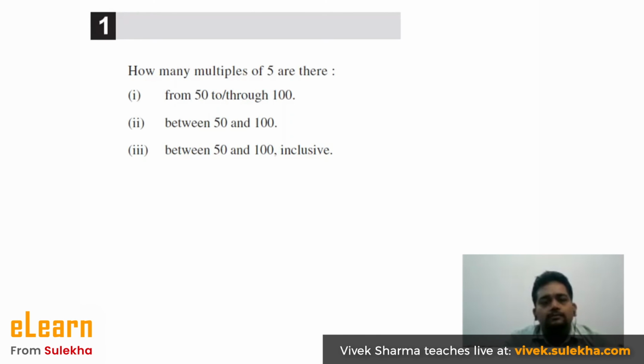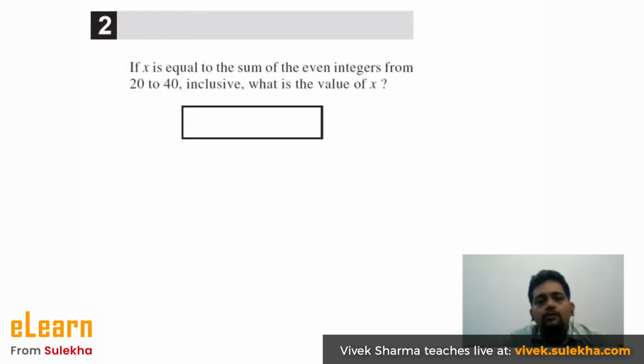I would like you to try these two questions based on the formulas we have discussed. That is how to get the number of terms or the value of the nth term, An is equal to a plus n minus 1 into d. And for question number 2, you can use the sum formula because it is asking about the sum. The sum is given by n by 2 into a plus l, the first term plus last term, into number of terms upon 2.